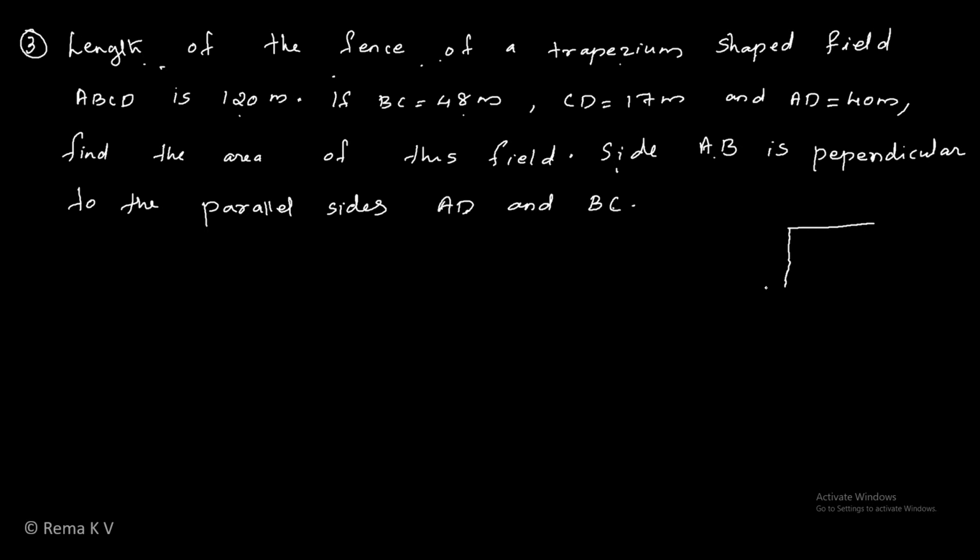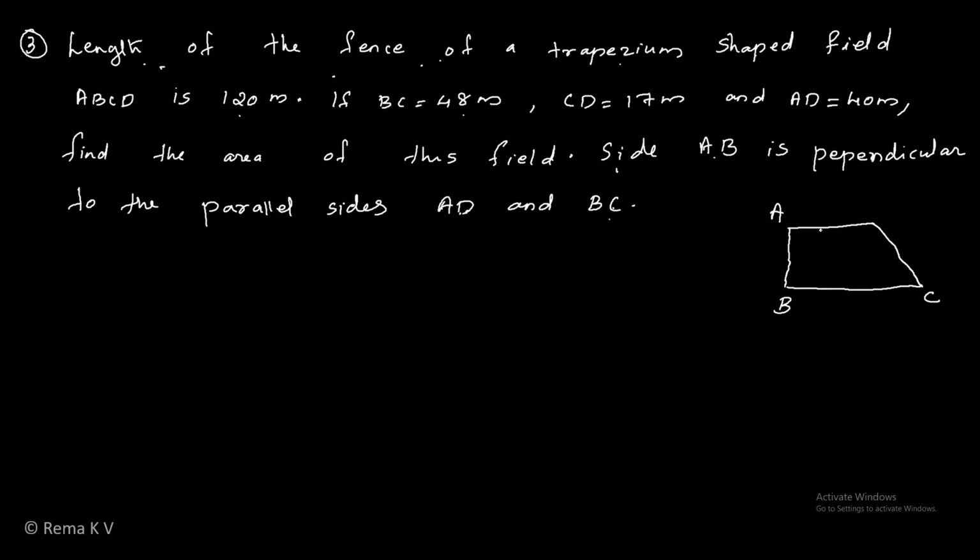This is a trapezium shaped field. These two sides are parallel. BC is 48 and AD is 40. So the greater side can be written as BC, and AD is parallel to BC.